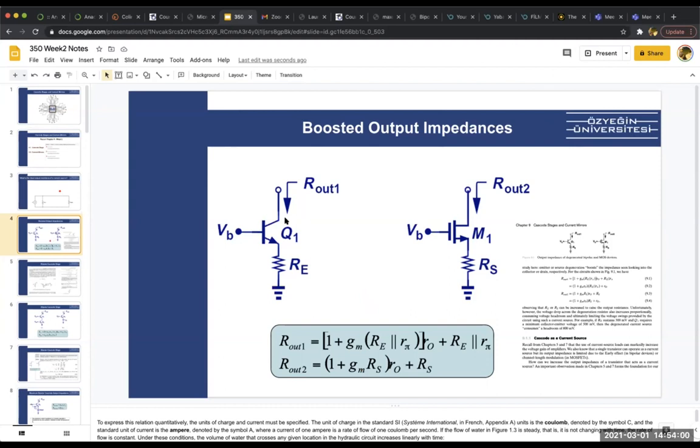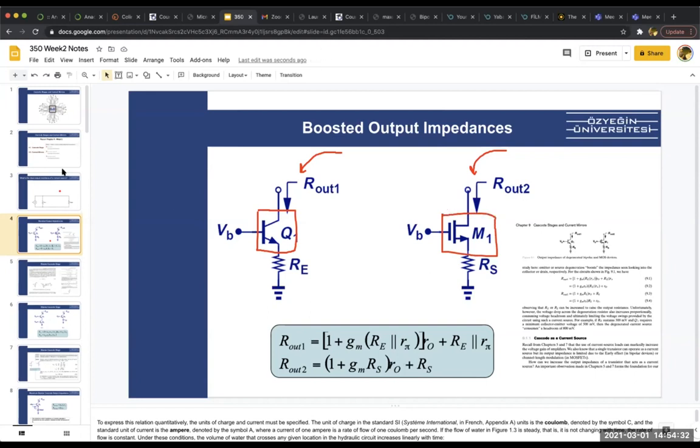So at the left is a BJT circuit, and at the right is a CMOS circuit. In the last lecture, as well as in 301, we went through the output resistances. When we try to find the output resistance of a circuit, we draw the small signal model of this BJT or CMOS, whatever circuit is given to you.